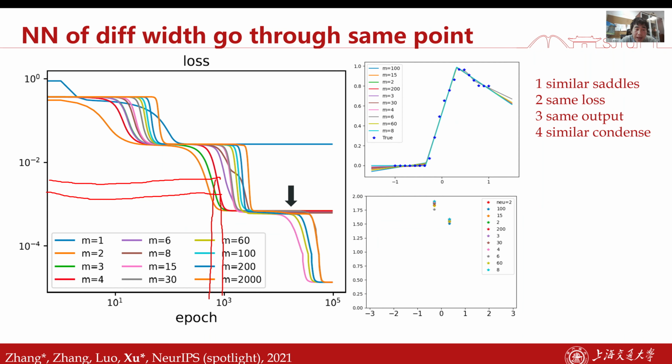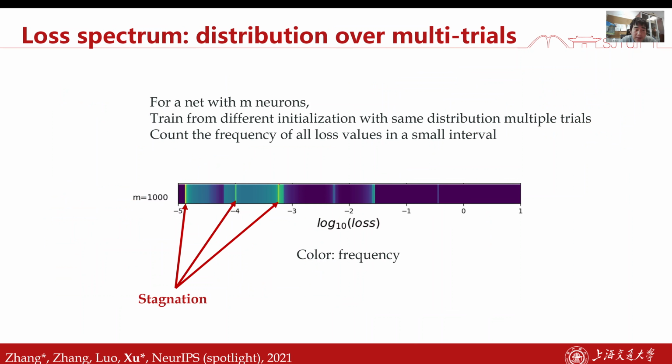But for some other places, like here, there's a plateau, so there are many epochs and this color is very bright.